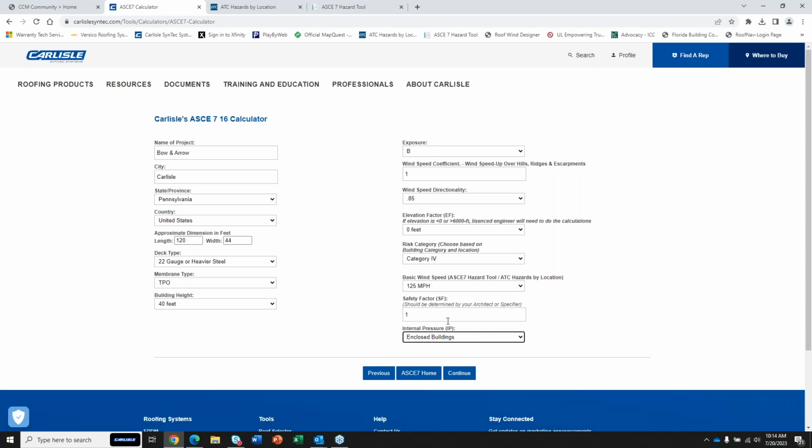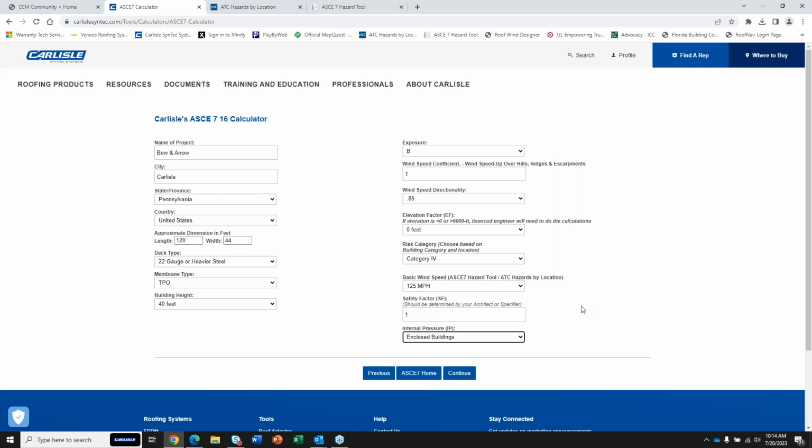The safety factor is set at 1 because per the building code and per ASCE 7, a cladding, which roofing is defined as, is not necessary to have a safety factor because of the liability and issues that we see out in the industry. A lot of people want to have a safety factor. The most common one is a 2. I've had people do Canada, which is 1.5, and I've had people do excessive amounts.